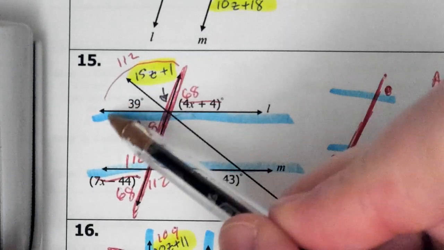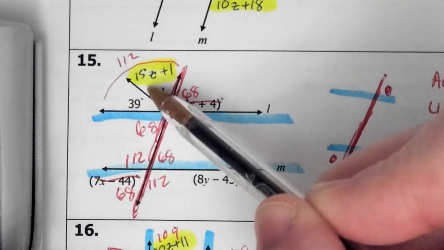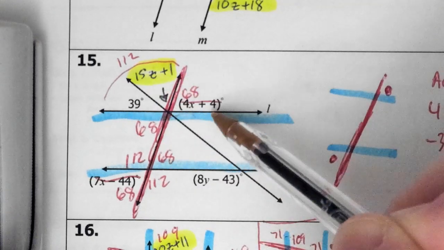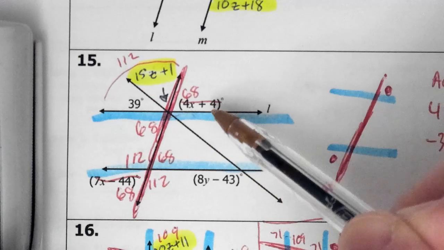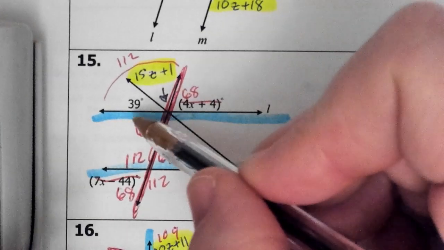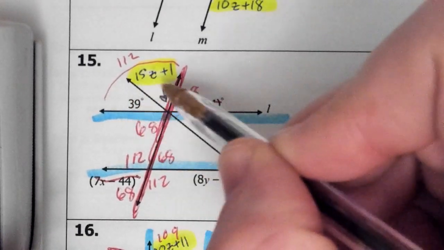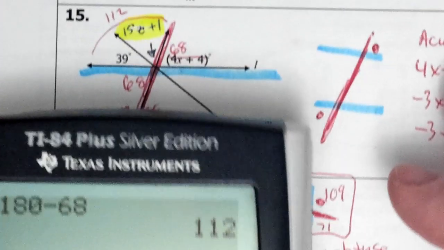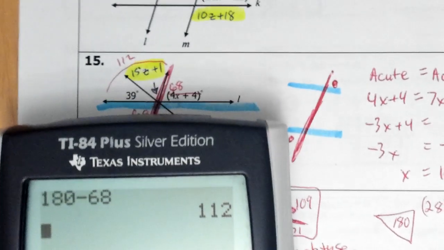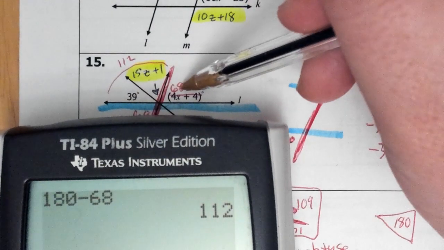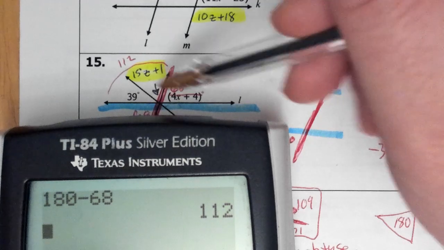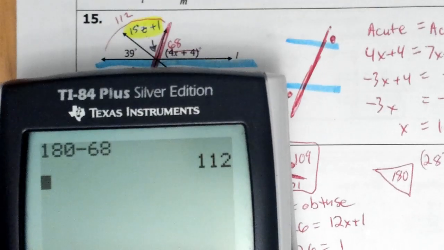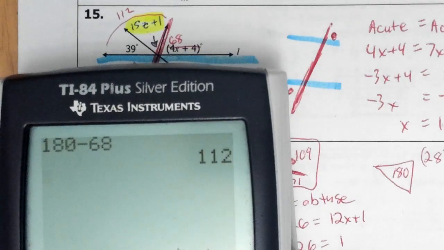At this moment, I know that 39, 15z plus 1, and 68, all 3 of these make a straight line, so all 3 of them are going to add up to 180. Or I know that these 2 all by themselves make 112. And a third way that I could do this, so I could do 1, 2, 3 equals 180 degrees, or I could do 1, 2 equals 112, or I can actually find what z is.